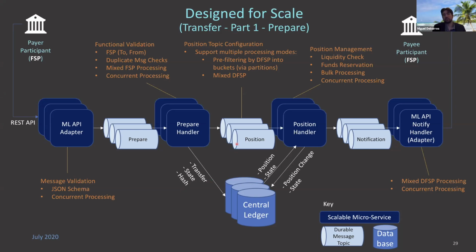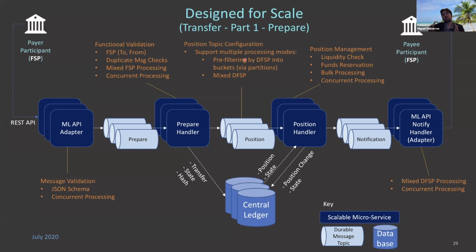That message would be stored on the position topic, and we then have a position handler. The position handler at the moment supports several modes of processing. We support pre-filtering by DFSP into buckets. Kafka has this concept of partitions for a specific topic, and we can key those partitions by the FSP ID, which means that a specific transfer for a specific FSP always goes to the exact same partition.